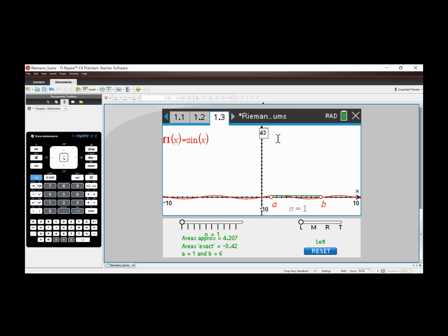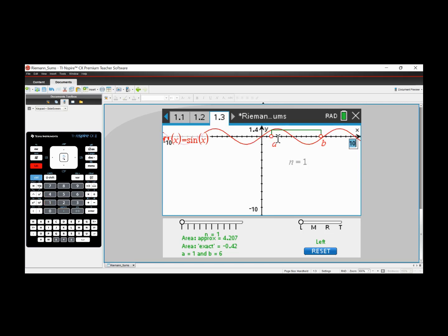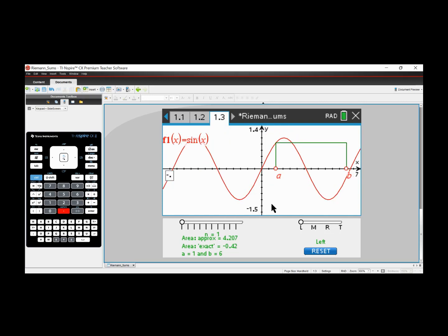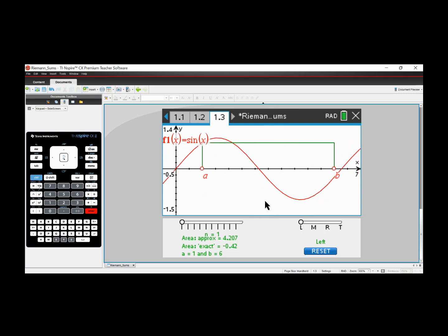Now sine only goes up to 1, so let's make this like 1.5. Around 2 pi is about 6.2, so let's just say we'll go to 7. Negative 1.5 again. Negative 1.5. And then negative 0.5. Okay.